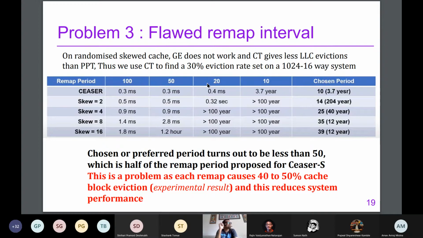That means after every 10 LLC count there is a remap. Then for getting a CT with a 30% eviction rate, that is 25 eviction set, you might take a year. Similarly for Q2 and Q3, and each column describes how much LLC count or remap interval you are taking. First column is for 100, then 50, then 20, then 10. So we are considering that if it takes roughly a year for you to find an eviction set, then you are secure enough.